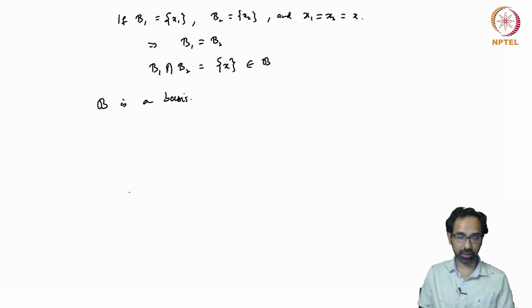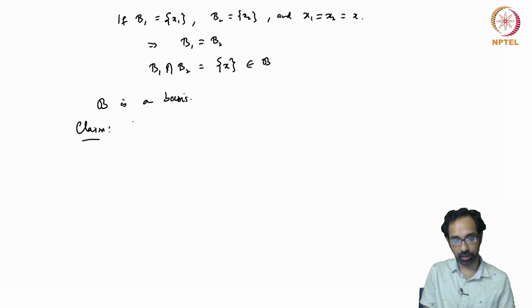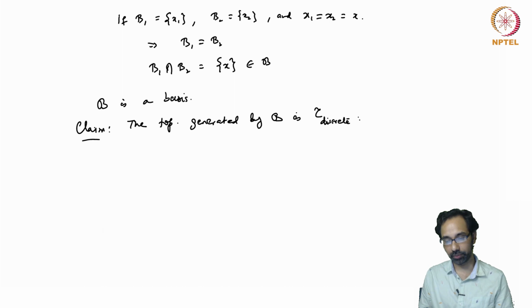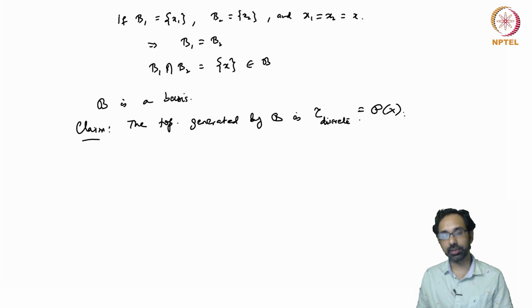and so the question arises, what is the topology generated by this basis? So I claim that the topology generated by B is the discrete topology that we have seen before, which was the collection of all subsets of X. So why is this true?